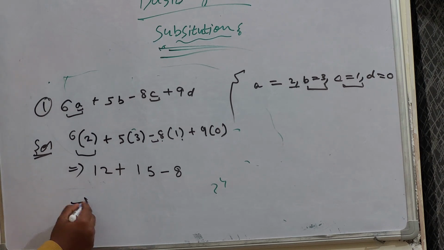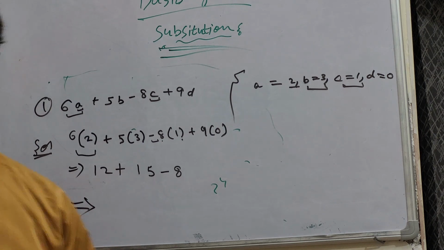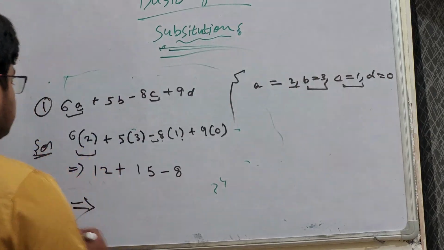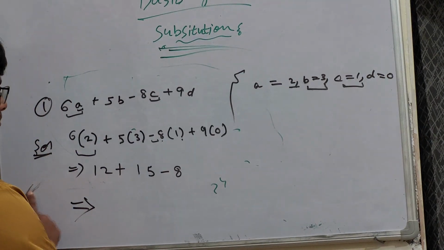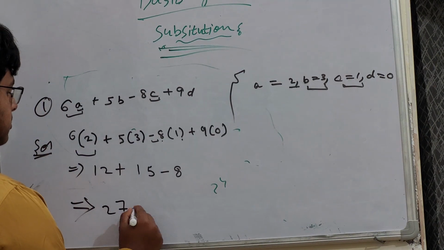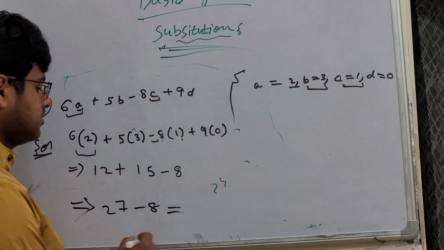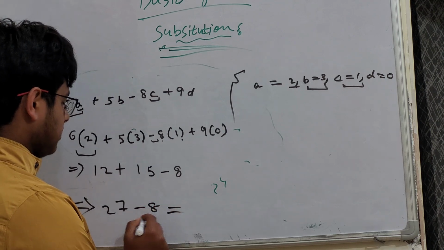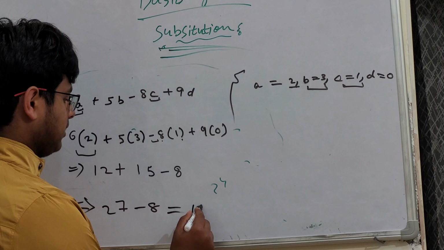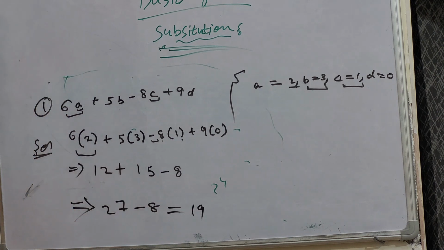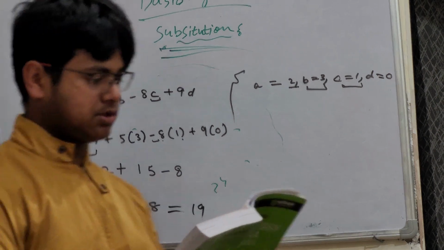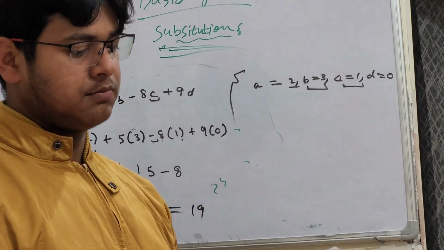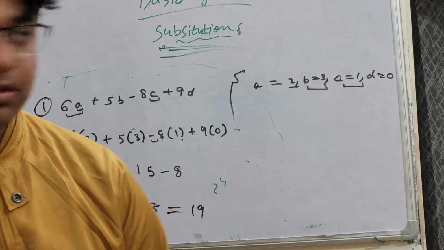Many people ask whether you have to apply BODMAS, and yes, you can apply BODMAS. So the answer is going to be 19. This is some basic substitution. Now pause the video and try the next.